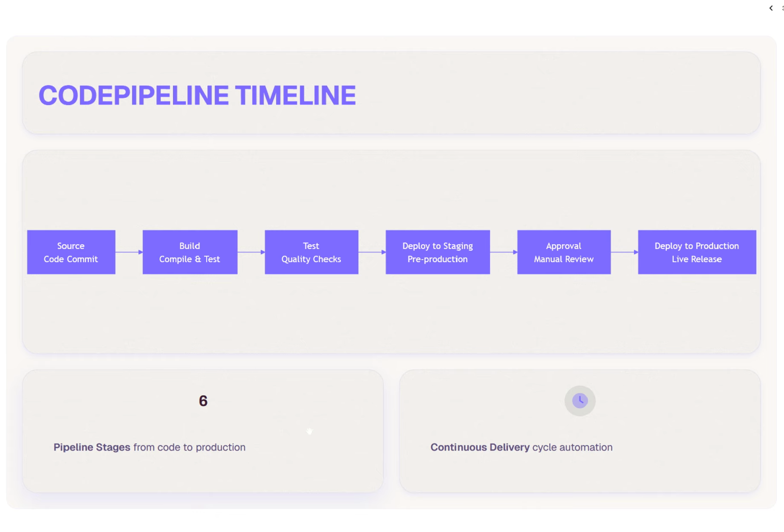And then you go to test and quality check. You check for vulnerabilities and any errors. If there's any error, you have to go back to a code commit, and then compile and test again. After testing and quality check, if you're happy, it will deploy to a staging, pre-production environment, and then you go to the approval process, and then it will go to a production live release.